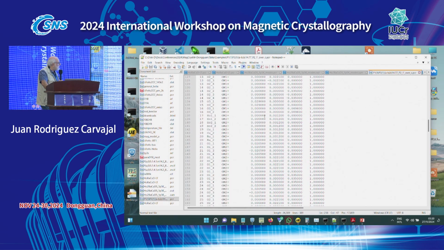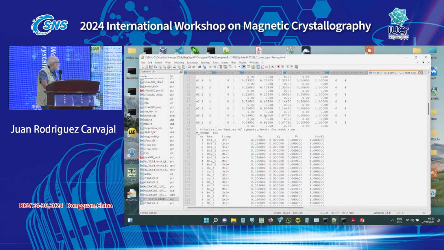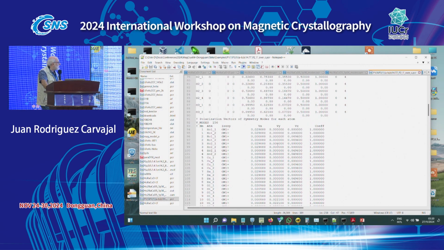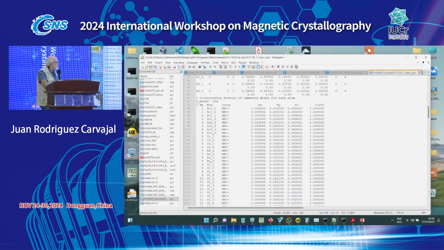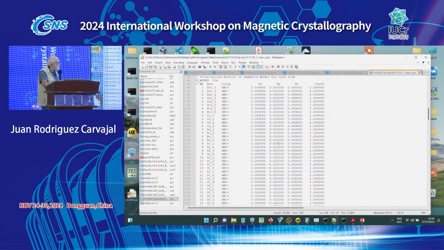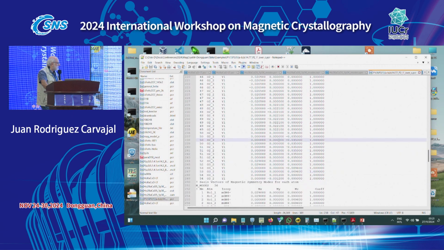Then you have here the basis vectors. These are the basis functions of the irreducible representation, normalized in a very particular way, which is related to the fact that you can put the amplitude directly in angstroms for the displacements. That is what we have here. A lot of numbers, but you don't have to work with that, just see that there is a lot of things.